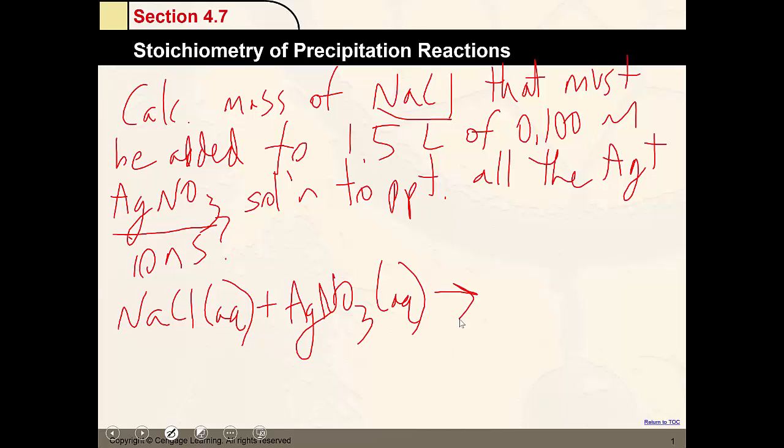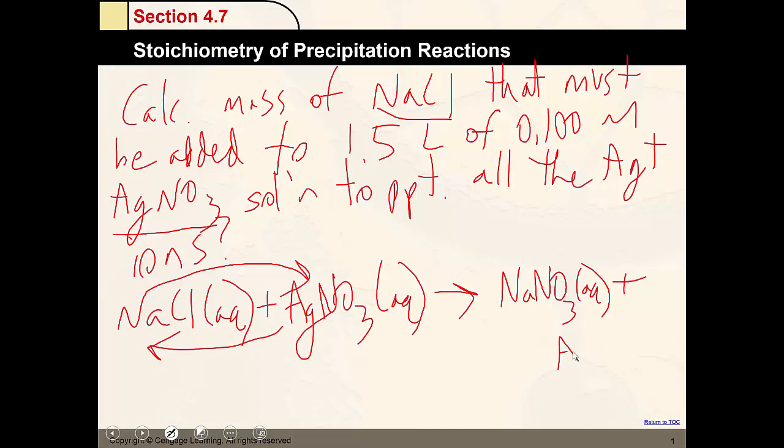And now we know with this double replacement reaction, the sodium will replace the silver. So we have the Na+ ion reacting with the nitrate ion, and we get NaNO3. And according to your solubility rules, if NO3 is present, it is soluble, so it is aqueous.